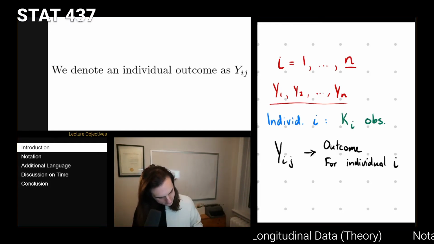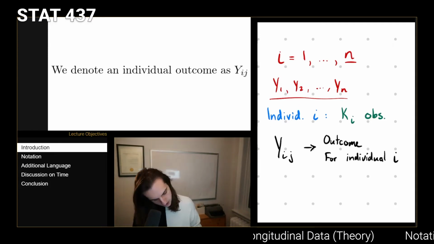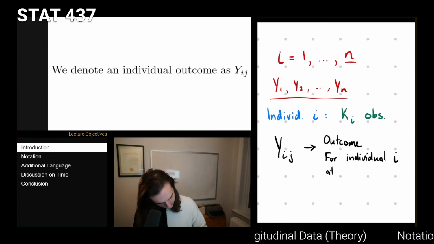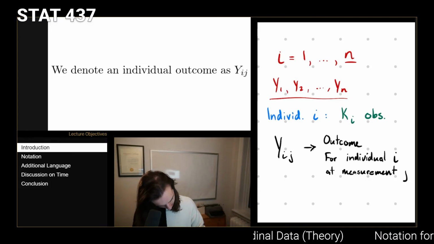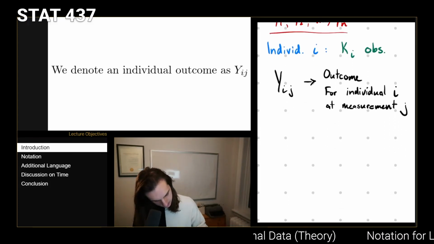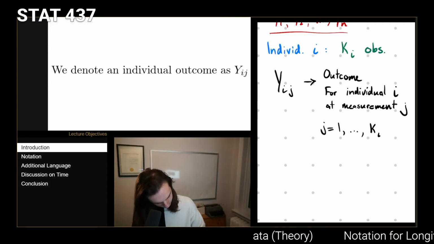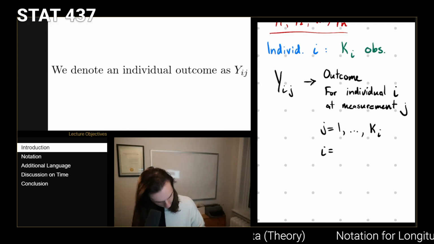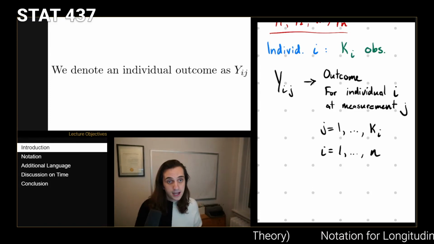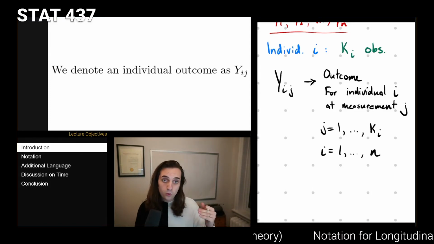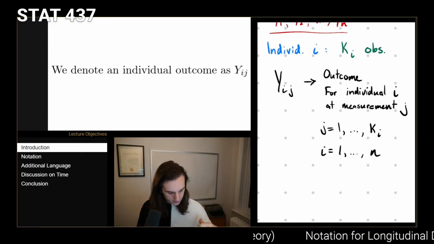We use i to index over individual, and so i runs from 1 to n. And we're going to say at measurement j. Okay, and so j here is going to run from 1 up to k_i, and we have i running from 1 up to n. And so we're just listing through the different time points here.